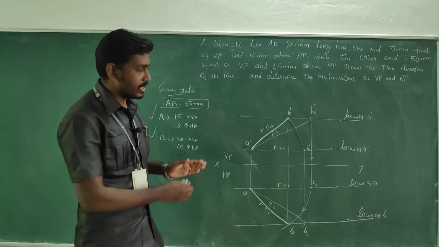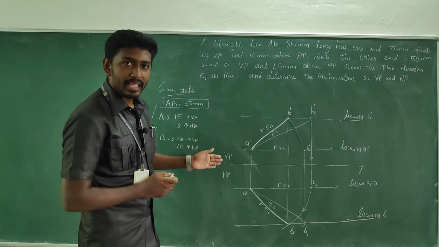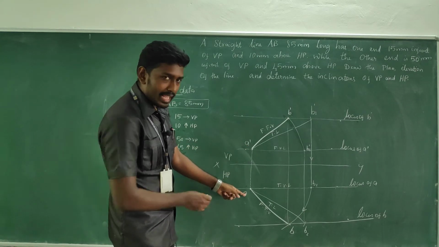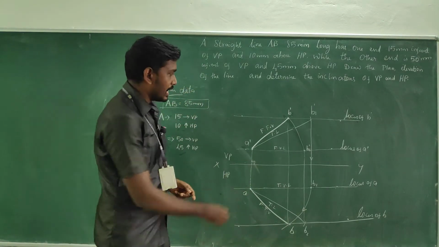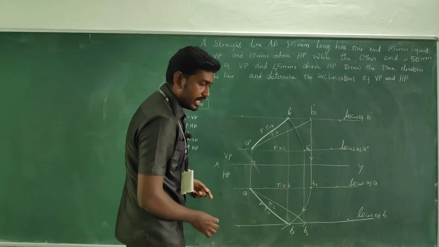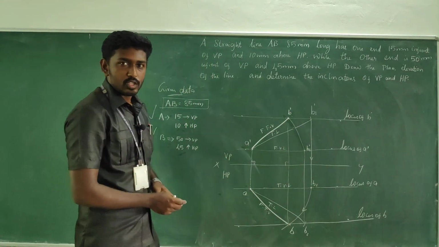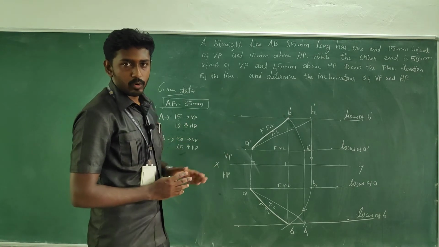If you want to check whether your projection work is right, you can check from the end projector lines. That means the A dash to A line will be a perpendicular line, and if you see the B dash to B, it will be a perpendicular line. These are the end projectors, so you can conclude the drawn projection is right.